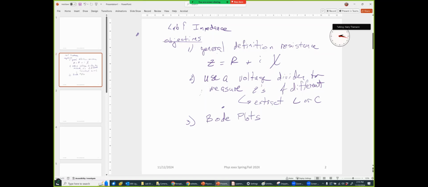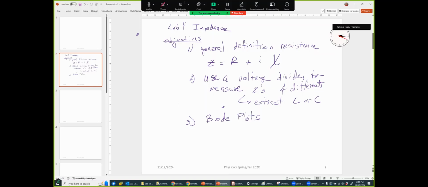And we're going to introduce ourselves to high and low pass filters. And we're going to learn about a tuning circuit. That's going to use something called resonance, which I didn't quite get to in lecture.